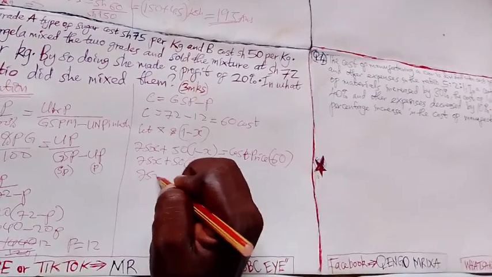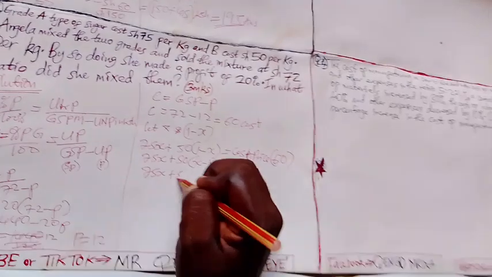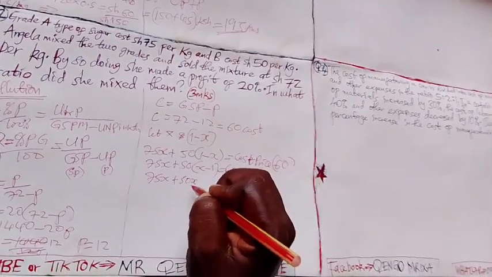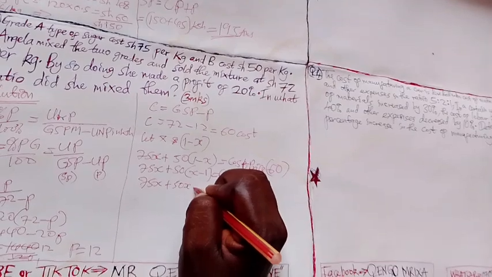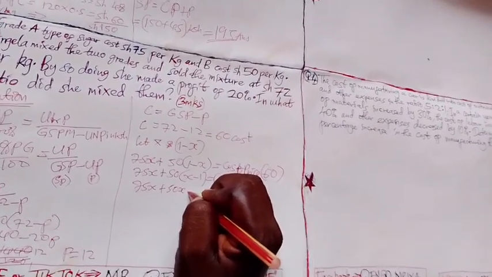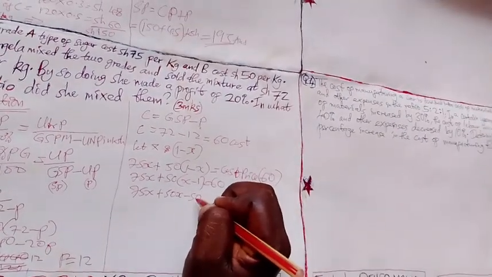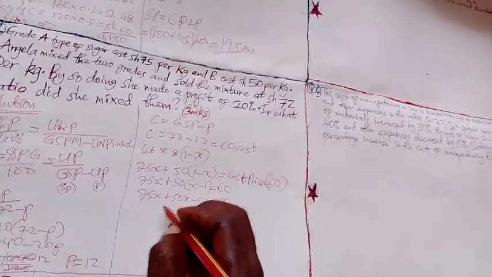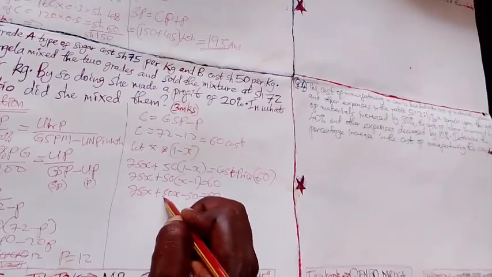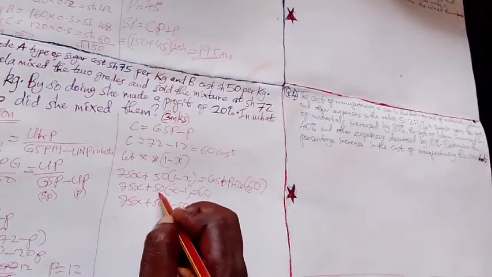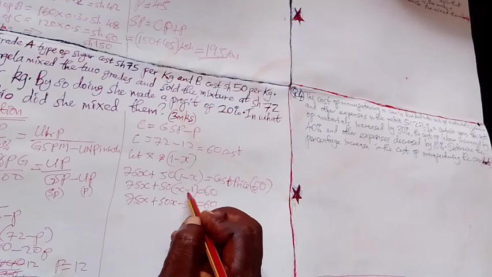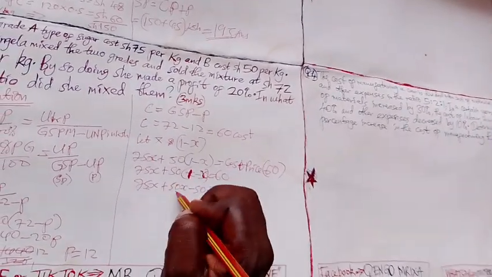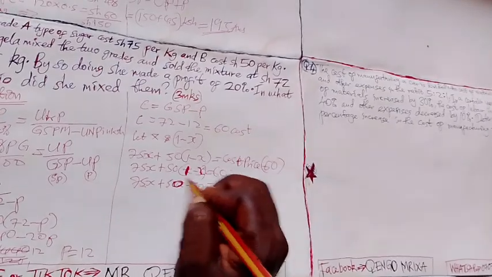So 75x plus 50 into brackets, this is 1 minus x, so this is 50 minus 50x.